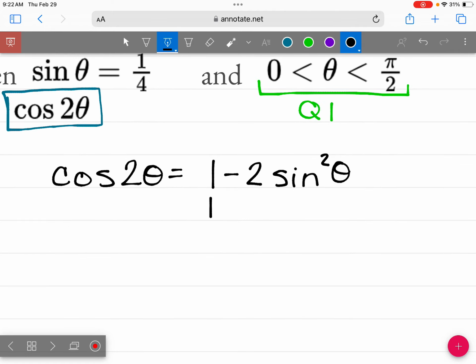So we're going to do 1 minus 2 times our sine theta, which is 1/4, squared.